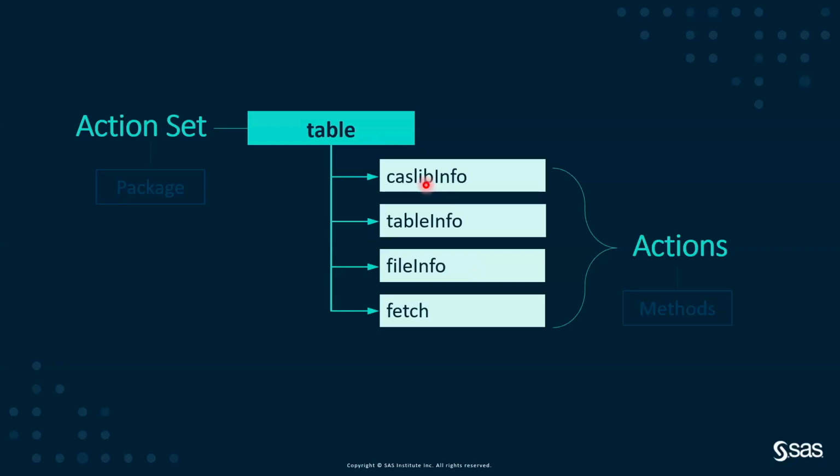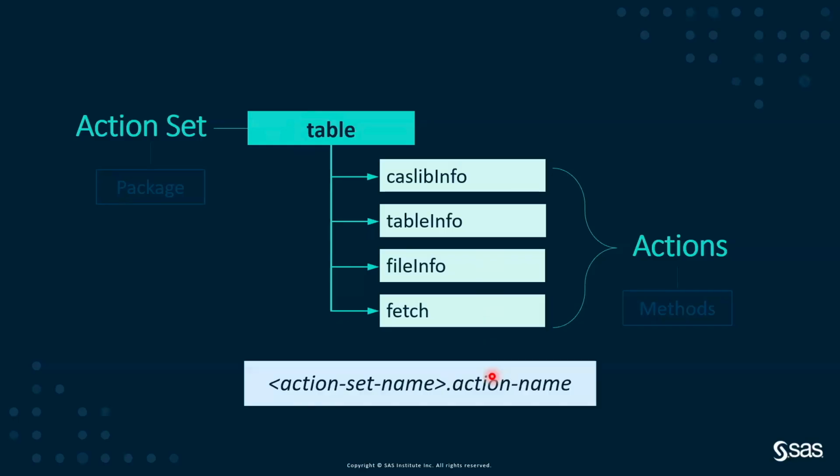These are just an example of that. So likewise, we got action sets for deep learning, computer vision, machine learning, forecasting, sampling, and so forth. So everything in CAS works on actions and action sets. An action is just one particular activity that you can do in a given action set. So if the table were to be the action set, these are some of the examples of actions that you can take.